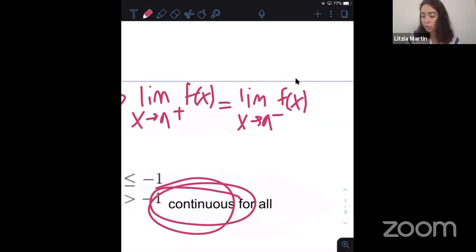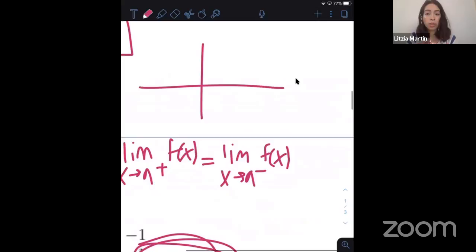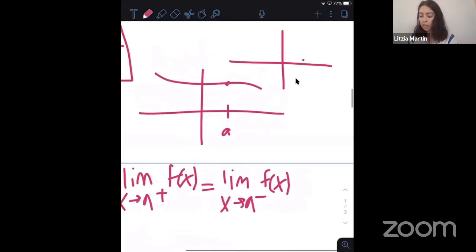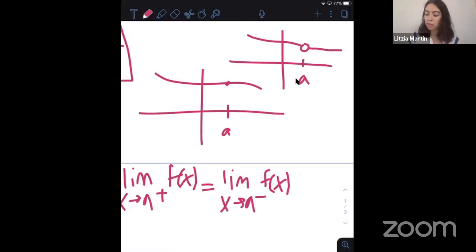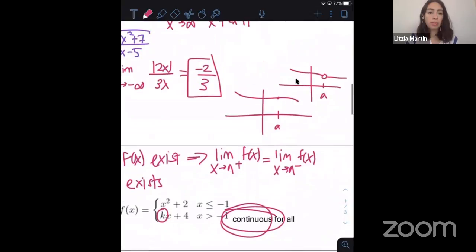When a limit exists, say this is a, it could mean there's a point there, or remember, holes are also limits. So if we prove that the limit exists, we're only proving that it's coming to the same y value, but it doesn't mean that it's continuous yet, because it could be a hole. So then the next thing that we need to prove is that f of a exists. So now we are proving that there's a point at that x value.